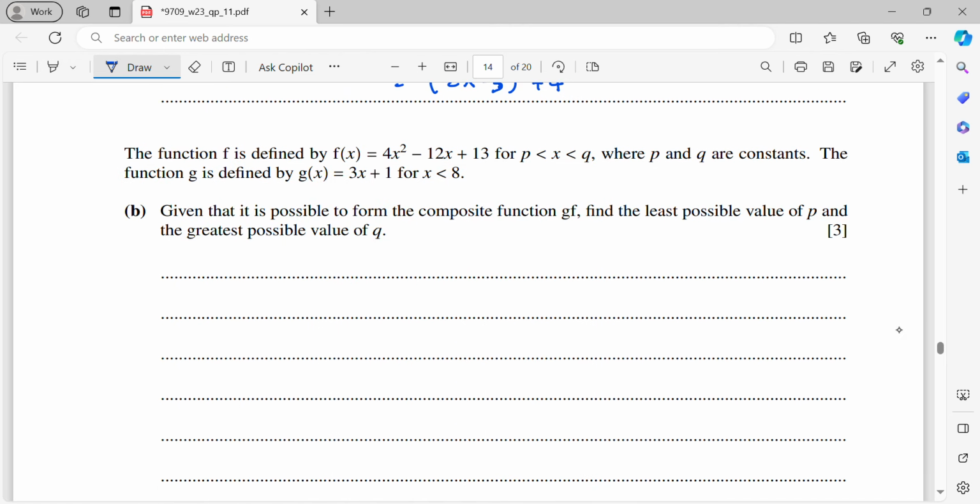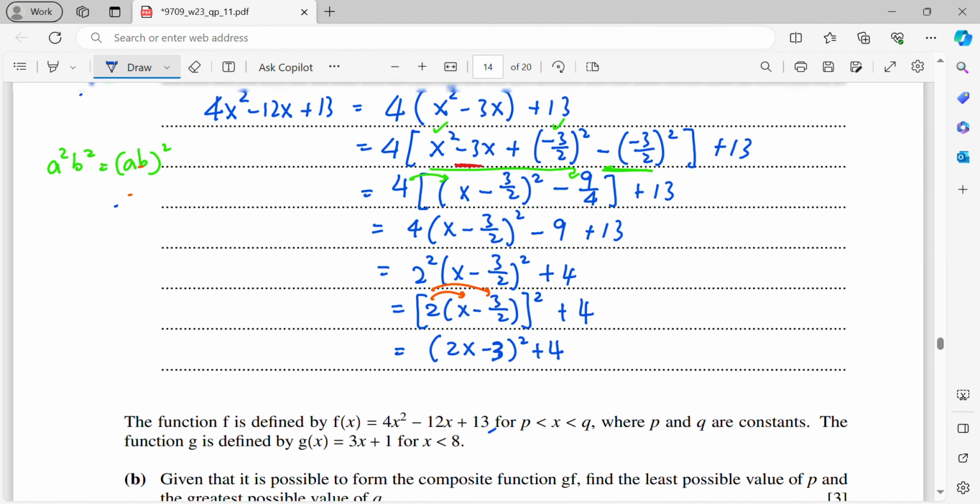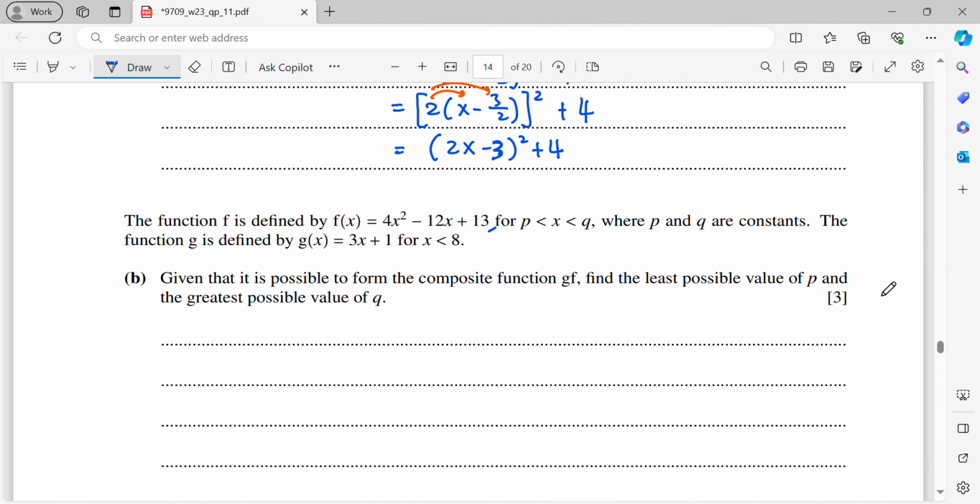Now the function f is defined by the same function, but the x is defined from p to q, where p and q are constants. The function g is defined by the straight line 3x plus 1, where x is less than 8. Given that it is possible to form a composite function gf, find the least possible p and the greatest possible q.